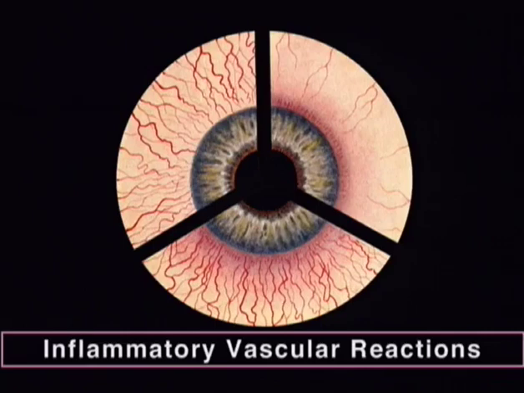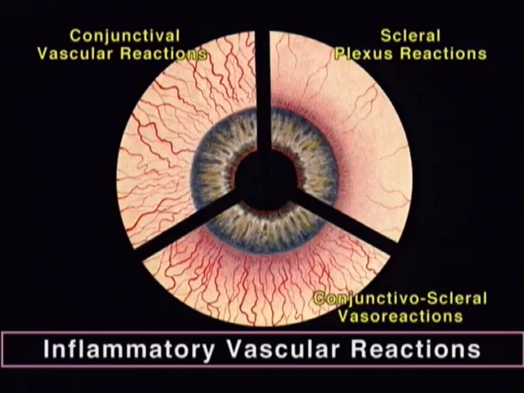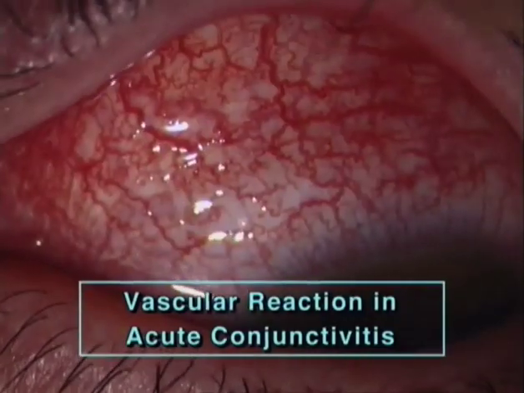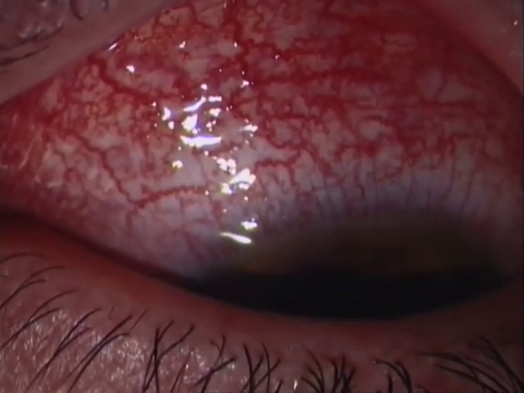Inflammatory vascular reactions. Clinically, we distinguish between 3 types: conjunctival vascular reactions, scleral plexus reactions, conjunctivo-scleral vasal reactions. Vascular reactions in acute conjunctivitis involve all parts of the conjunctiva.